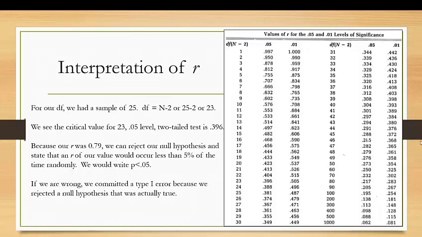So if we're wrong, we're saying that we're willing to take that 5% chance that this was not random, that we think that there's something here. So as a result, we're going to try to increase attitude toward math in the hopes that maybe math scores will increase. We'll talk about causation, so be cautious of making that statement very strong, but we'll see that there is a relationship there.